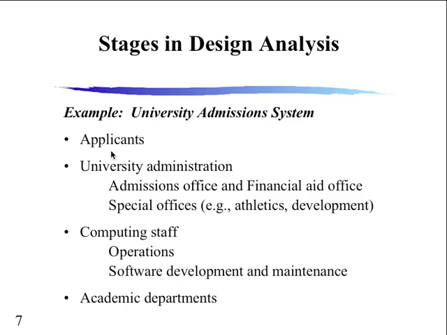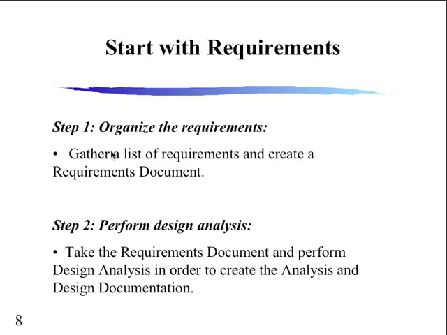And so one of the first things you can do, in fact, you can do this in your requirements gathering phase as well. Now look at who's using the system, what is this system supposed to be doing? What are some of the features of the system? So we have applicants in this particular example, we have the administration who's using the system, computing staff maybe, academic departments that are using the system, and these are some of the functionalities that they might be using it for.